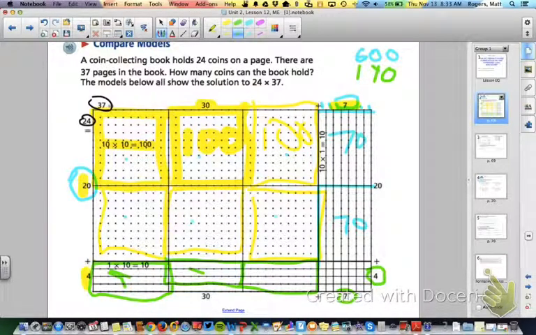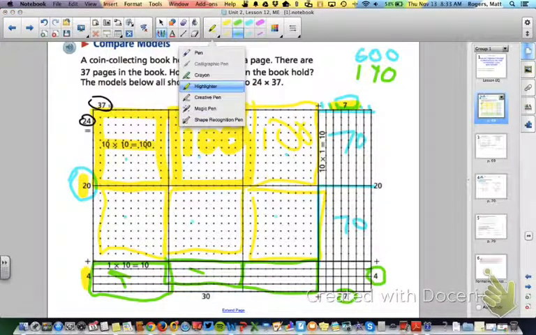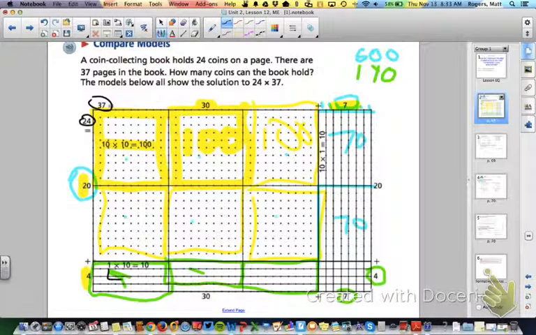Where I was leaving off, down here we have the 40, 40, and 40, which would give me a partial product of 120. And I know I can handle 7 times 4, which gives me 28.